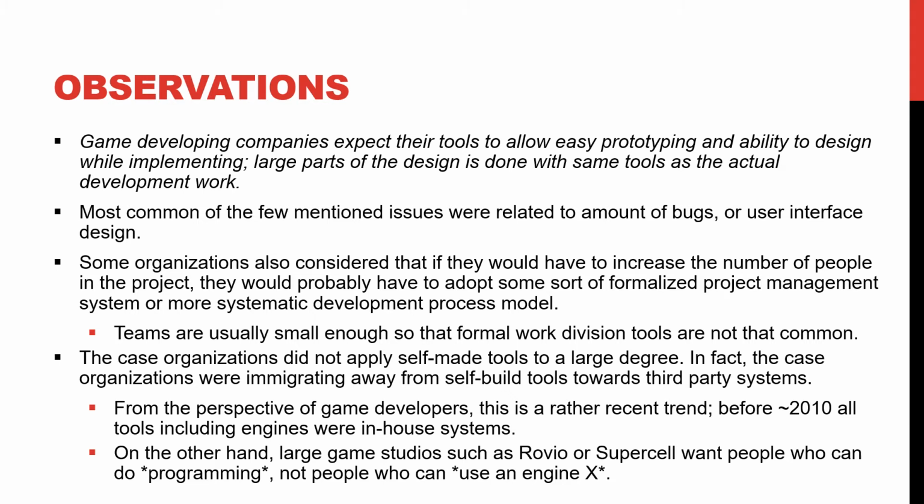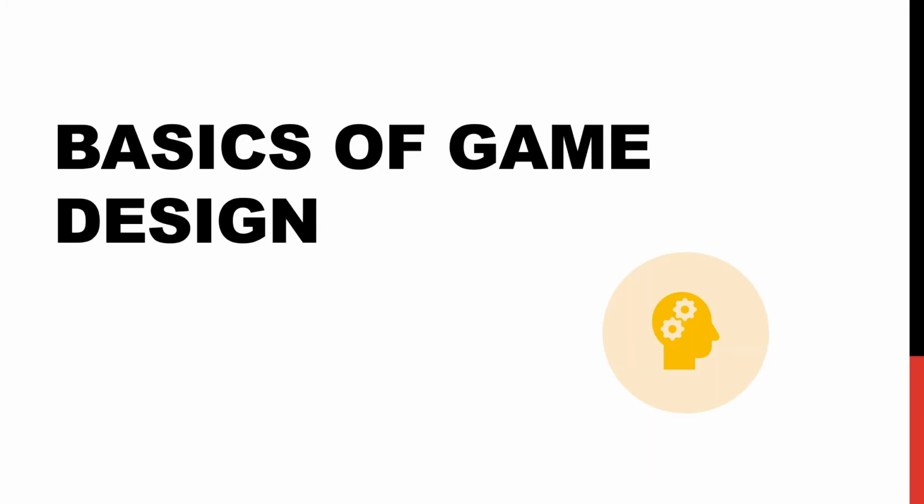So this also is something that might surprise some of the people. If you are a very good C programmer, you actually are very attractive to some game studio companies. So that's for the software development tools or software development skills, more or less.